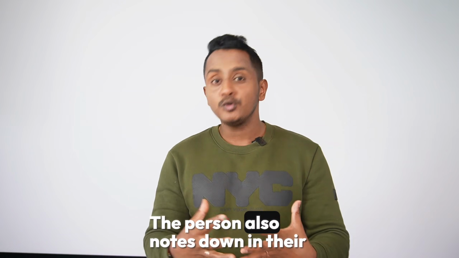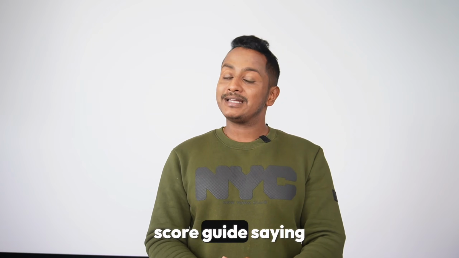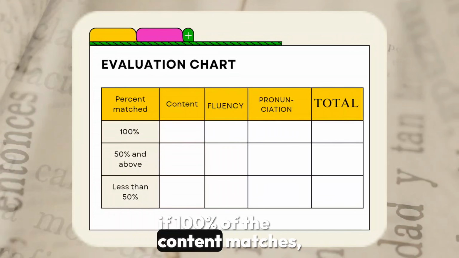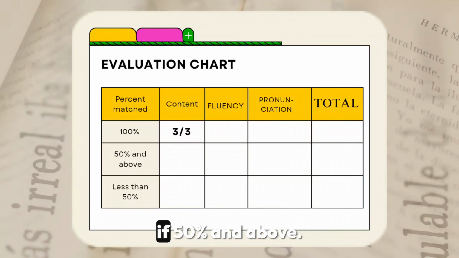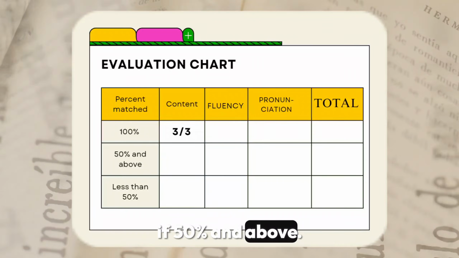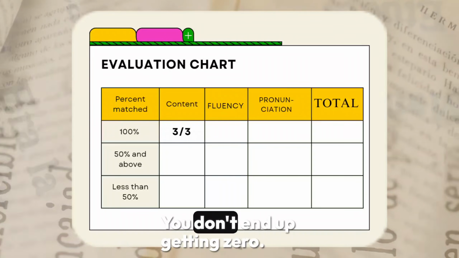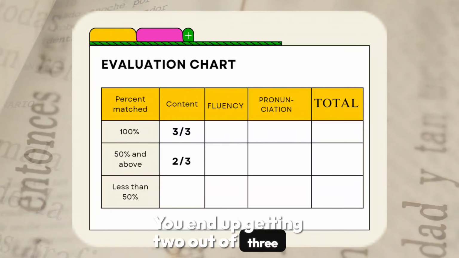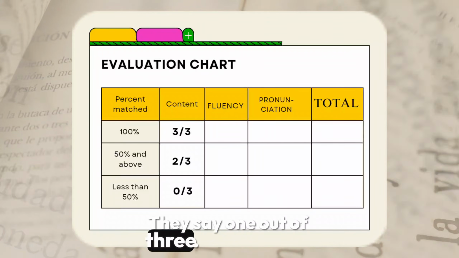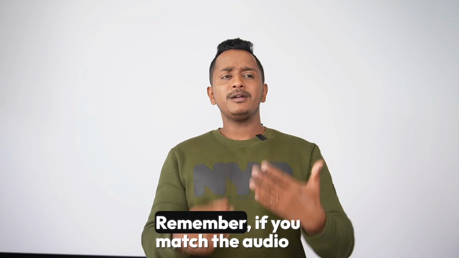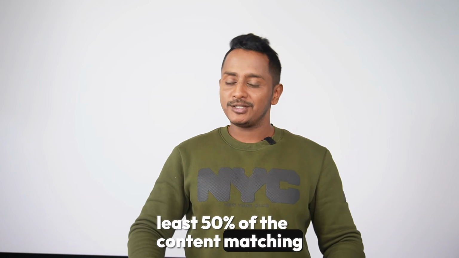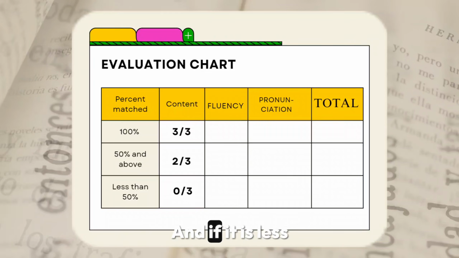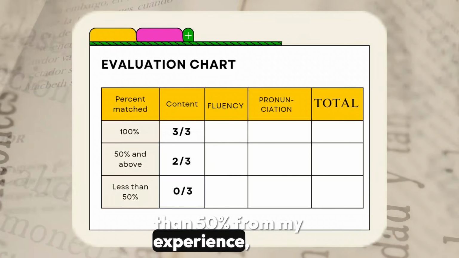The Pearson also notes down in their score guide saying if 100% of the content matches, you get content 3 out of 3. If 50% and above content matches, you don't end up getting 0, you end up getting 2 out of 3, and less than 50% they say 1 out of 3. It's mostly 0. Remember, if you match the audio with at least 50% of the content matching, you're gonna get 2 out of 3, and if it is less than 50% from my experience, it's gonna be 0.